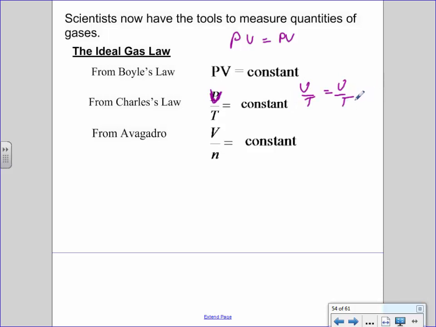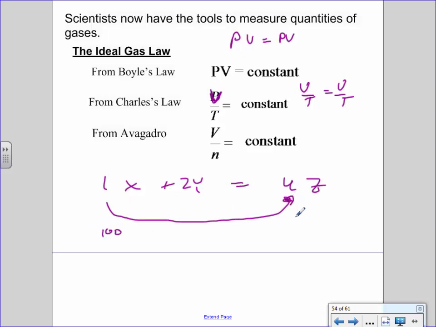Now, we've only just worked with this like half an hour ago, but Avogadro discovered that the amount of volume you have is comparable to the number of moles you have. Isn't that kind of what we were just doing? When I gave you that equation of like 1x plus 2y makes 4z's, you kind of know that this relationship right here, if this is 100, this is 400 milliliters.